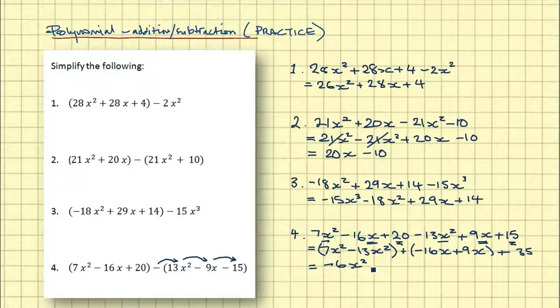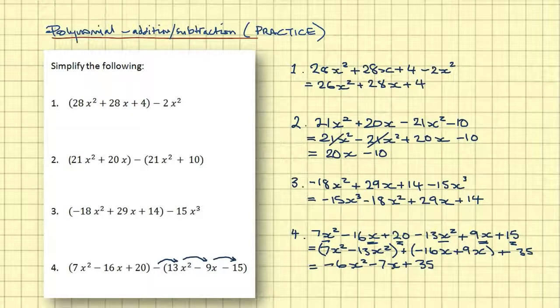So 7x squared, subtract 13x squared gives us negative 6x squared. And now we've got to subtract 16x and add 9x. So that's going to give us negative 7x. And then plus 35. So that last one, just a little bit trickier, but all in all, done.